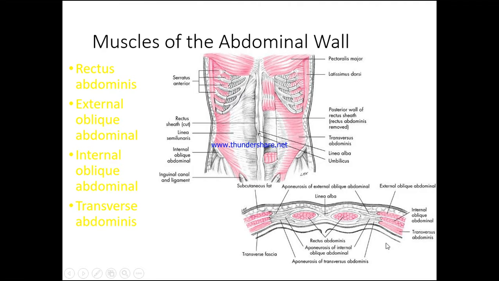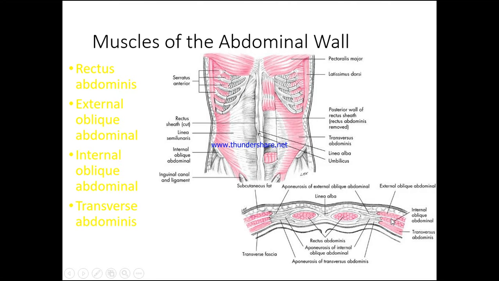Let's start from the outside. What have we got here? We've got skin, and then subcutaneous fat, and then the external oblique, internal oblique, and the transverse. Now, what you'll see is the external oblique gives rise to this aponeurosis, and you can just track that down and follow it to where it forms the linea alba.